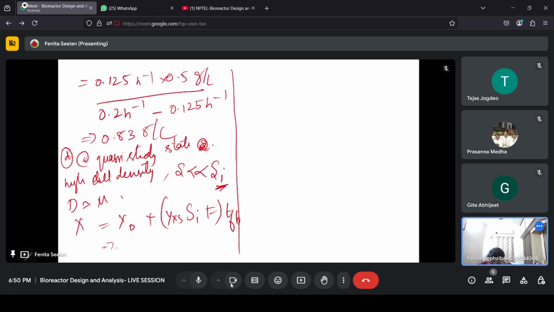So how do we calculate X naught? It is concentration into volume, so X naught into V naught. Let's keep it at time equal to 5 hours; this is also at time T equal to 5 hours, we should not miss that.